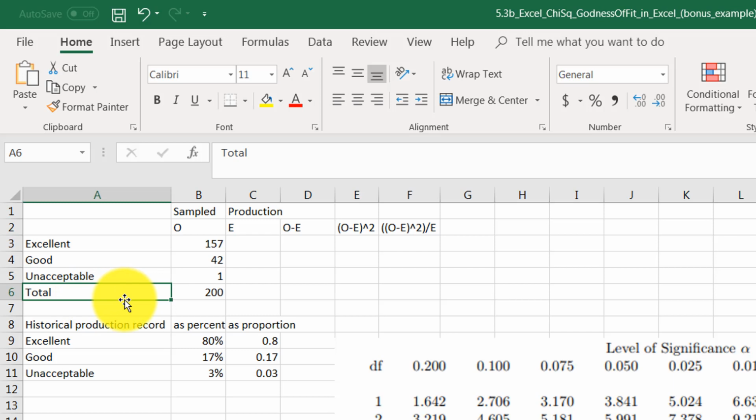This machine has recently had some work done on it, and what we want to figure out is, after the work has been done, are the things being output by this machine of the same level of quality as before the repairs? The null hypothesis would state that there are no differences in the frequencies being produced at the given quality levels from what it was doing before the repairs.